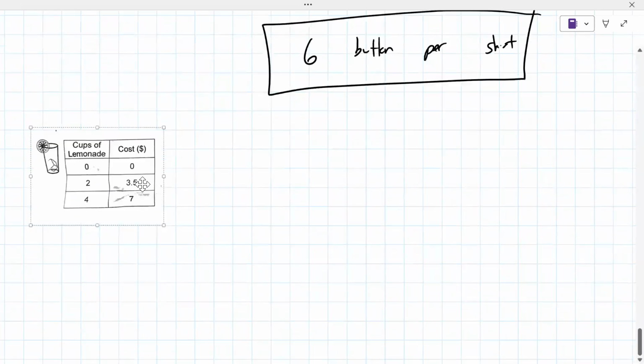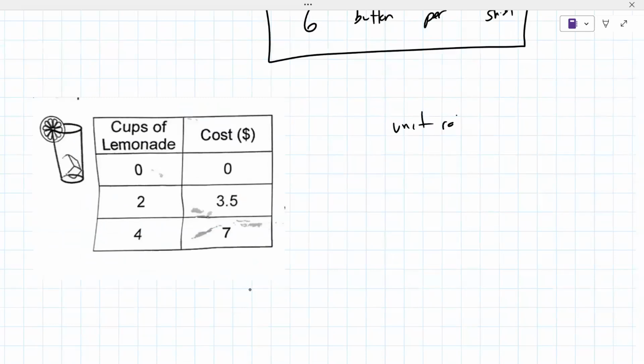So here's another one for you to find the unit rate. $1.75 per each glass of lemonade. Right, good. Something like that.